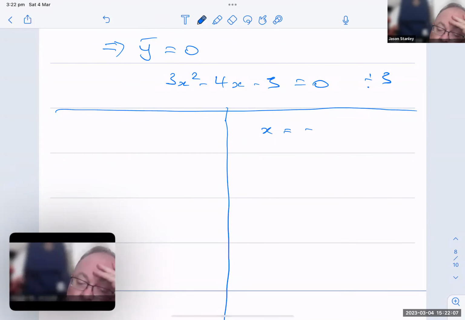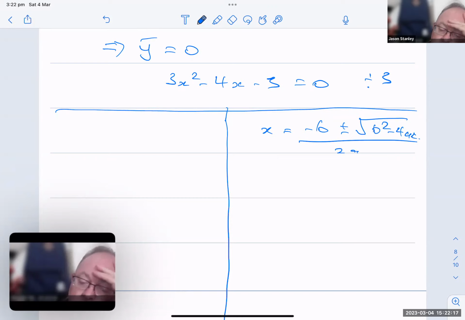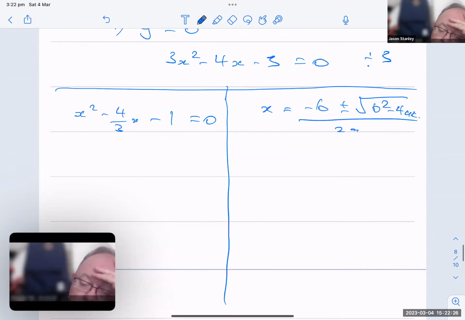So x equals minus b plus or minus the square root of b squared minus 4ac, over 2a. Over here, we'll do what I did, which is 3x squared minus 4x minus 3.